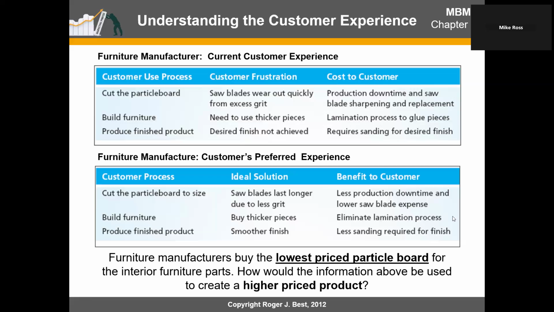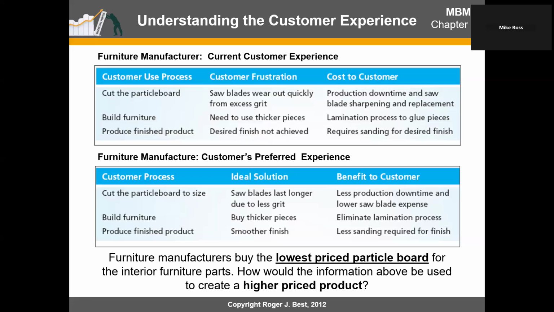You're eliminating time associated with lamination and then less sanding, right? So what is the bottom line? So comparing the current experience as a furniture manufacturer relative to their suppliers versus the preferred. The furniture manufacturers buy the lowest price particle board for the interior furniture parts, and then how would that information help create a higher price product?